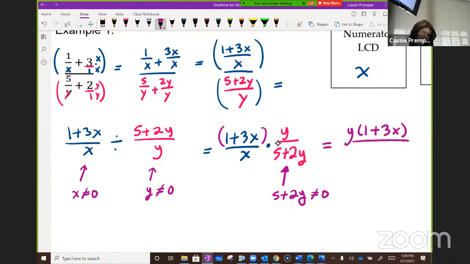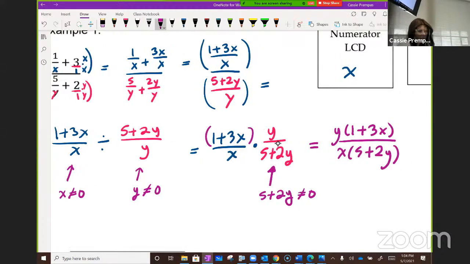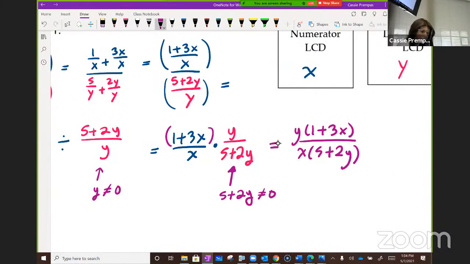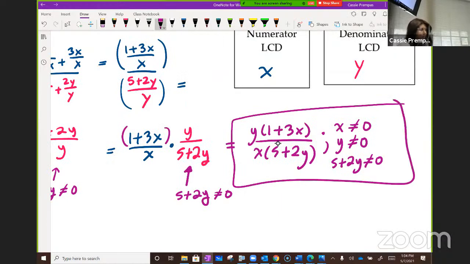So when I multiply the denominator out, I get x times 5 plus 2y. There's nothing that I can cancel, so I just say this is my answer, but I want to make sure that I tell the reader as long as x is never 0, y is never 0, or 5 plus 2y isn't 0. Otherwise, don't waste your time. The problem is not solvable because you get a denominator of 0.